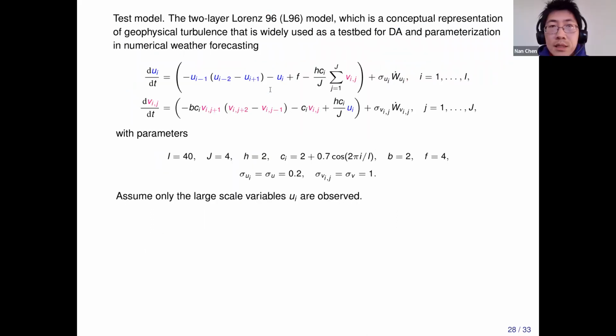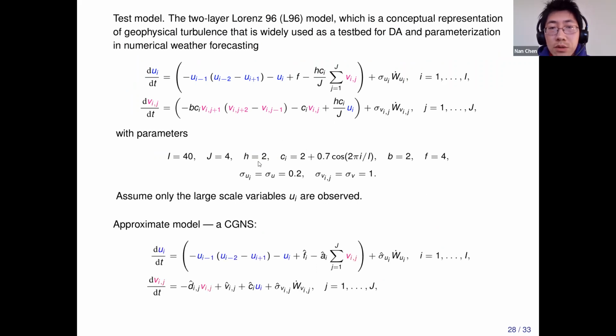So just a quick test on the two-layer Lorenz 96 model, which is a conceptual model for geophysics. The original system is not a conditional Gaussian system, but we try to do a stochastic parameterization for the hidden part, and then it will become a constrained Gaussian model. So we apply the previous techniques.